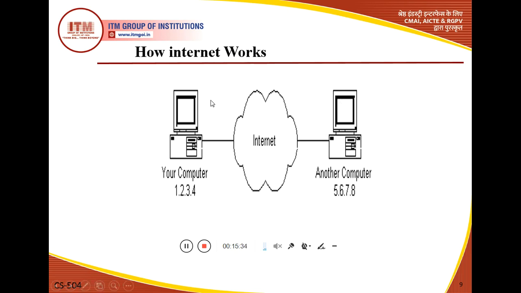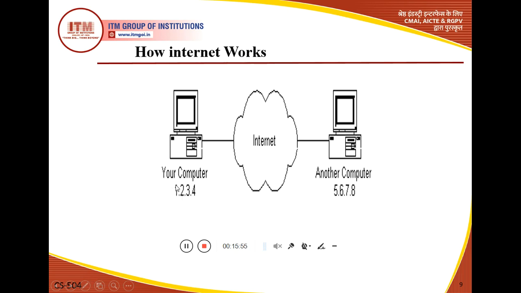An IP address is represented in the form of 4 numbers, like here 1.2.3.4. So this is the representation of an IP address in the form of 4 numbers with dot symbols.